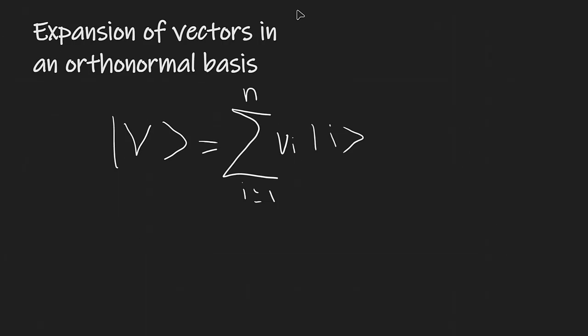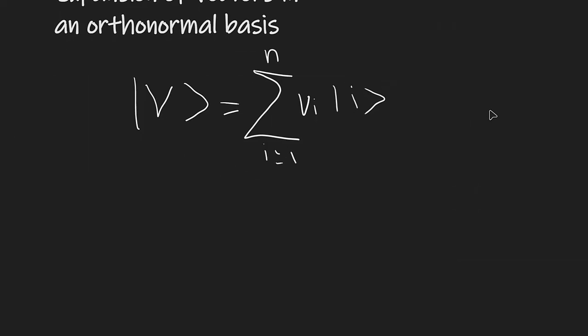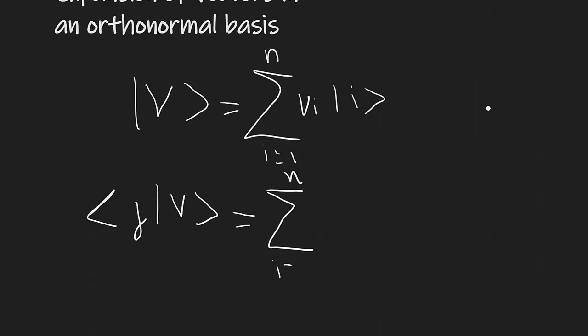Now let's have a look at the expansion of vectors in an orthonormal basis. So we have this vector v, and what I want to do is find the jth component. This could be any number. Now all I really need to do is just take the inner product with the unit orthonormal vector j, and what I'm going to get is really just the sum from i equals 1 to n of the coefficients, and then the inner product between j and i.